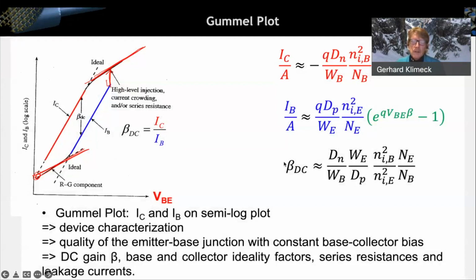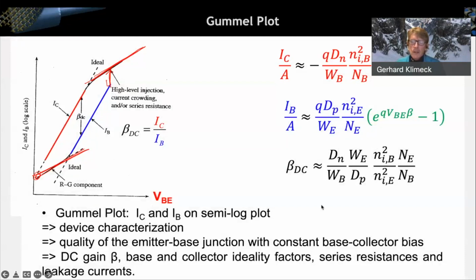And you have the current gain as the ratio between those two. And this motivates a Gummel plot, which really shows the current that you want to get at the collector versus the base current you stick in to control.